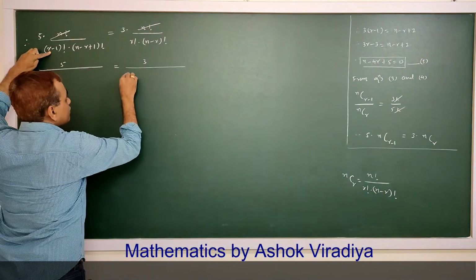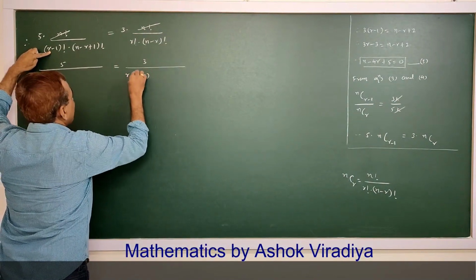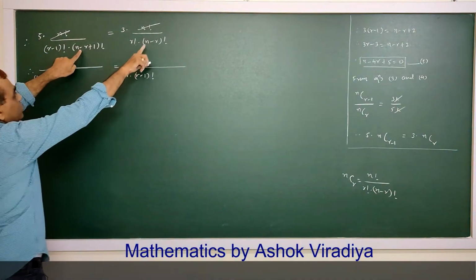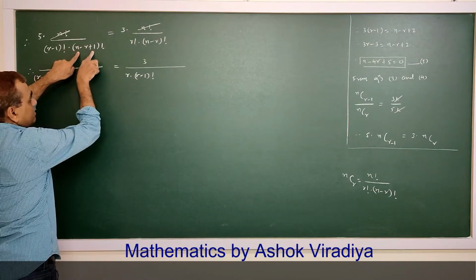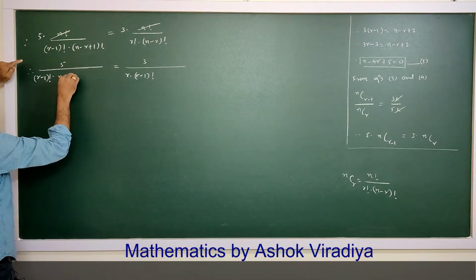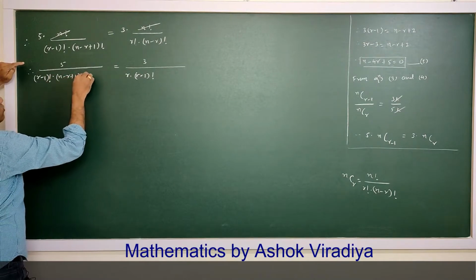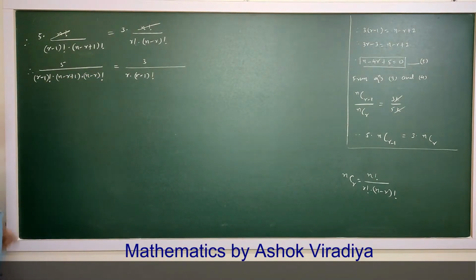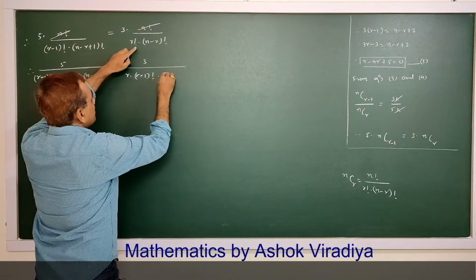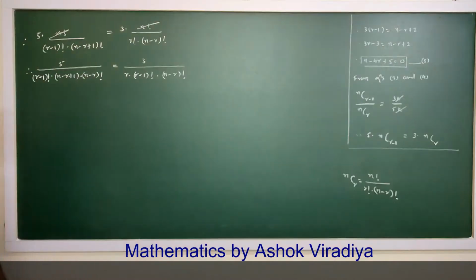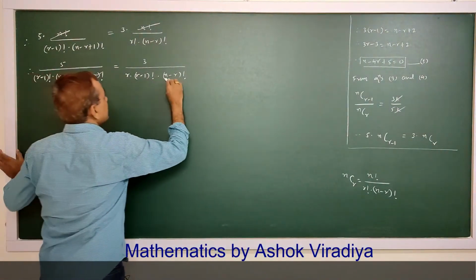This number I convert as r into r minus 1 factorial. Now in these two, this is greater, plus 1, so convert this into smaller. So n minus r plus 1 into n minus r factorial. Here this n minus r factorial we keep as it is. So these factorial terms will be cancelled.